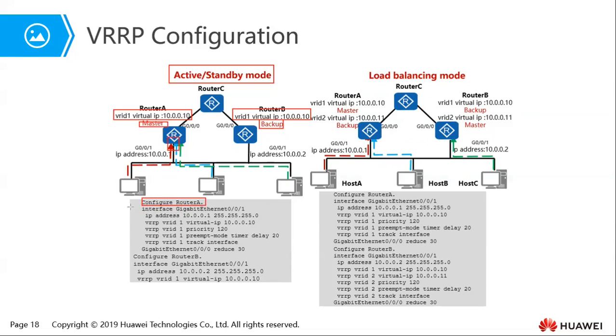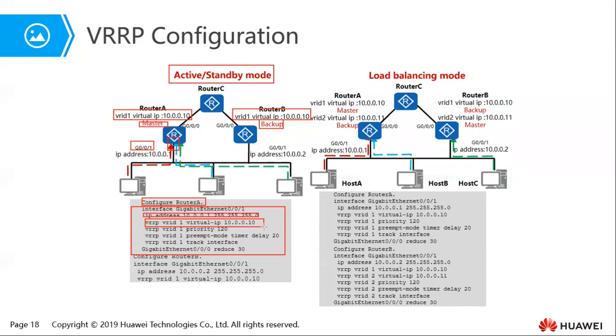So how do we configure router A, for example? We have to go into the interface G0/0/1 that is connecting our network segment. Of course, we configure an IP address as usual. After we've done that, we need to configure VRRP.